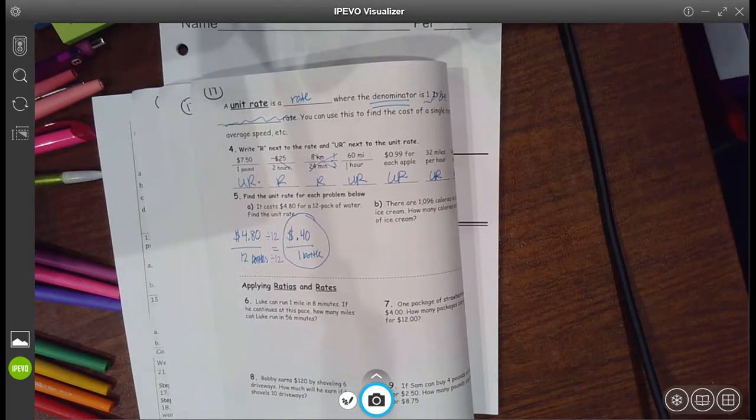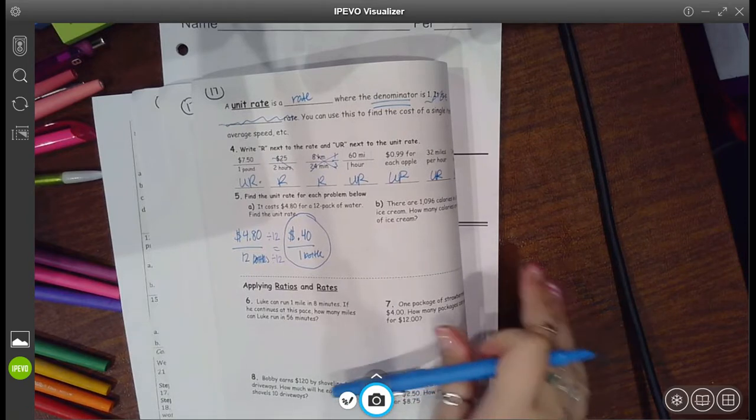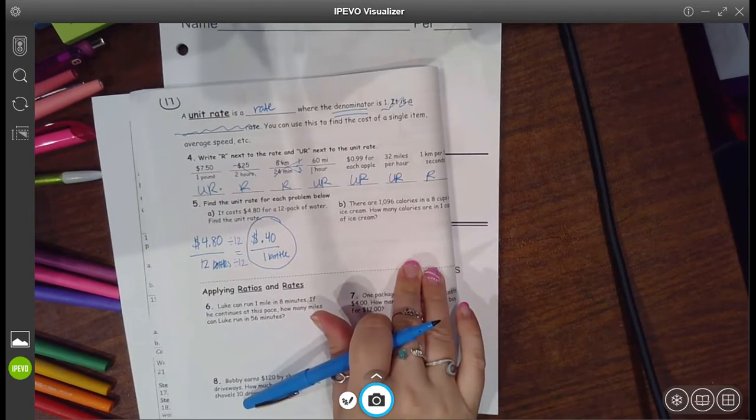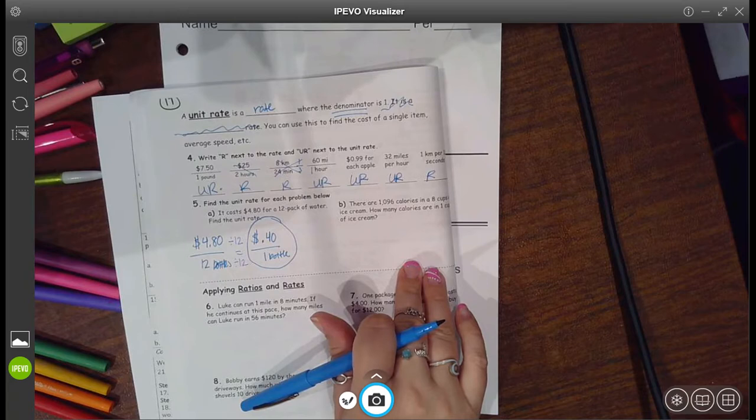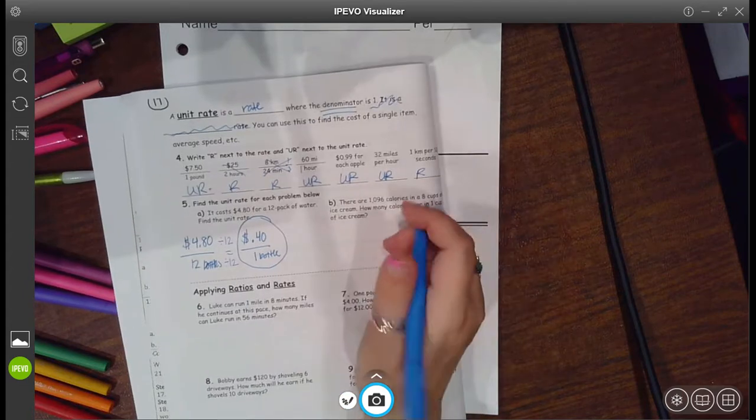For my next one, it says there are 1,096 calories in 8 cups of ice cream. How many calories are in 1 cup of ice cream? Because they said how many calories are in 1 cup, the cups of ice cream is what they want me to have become 1. So that was nice of them.